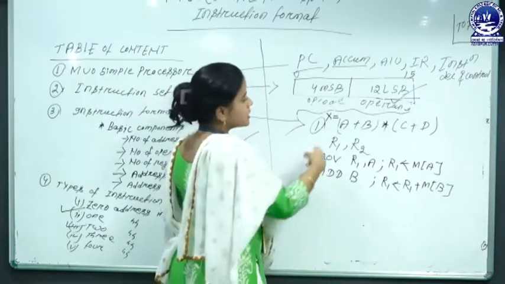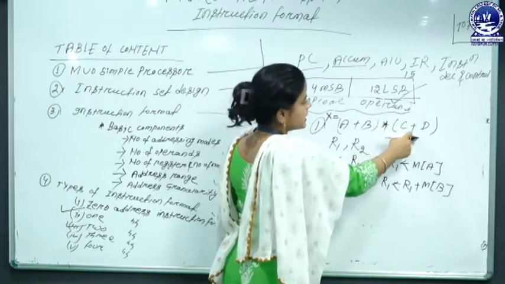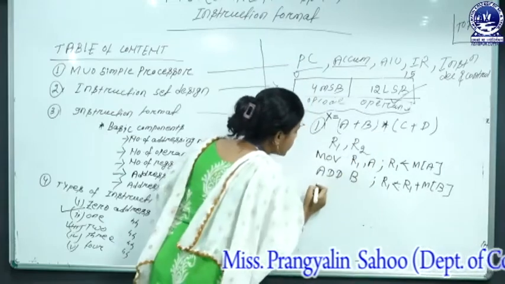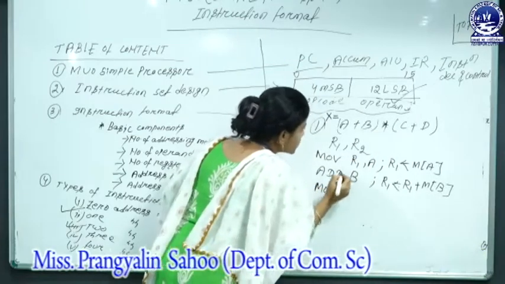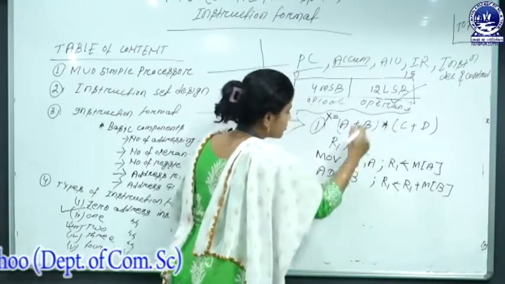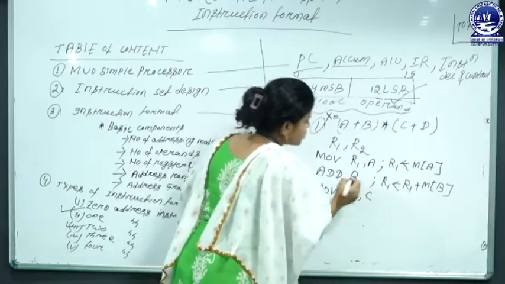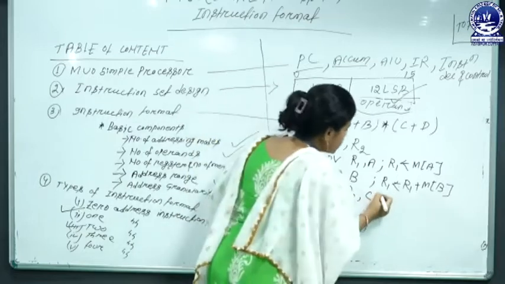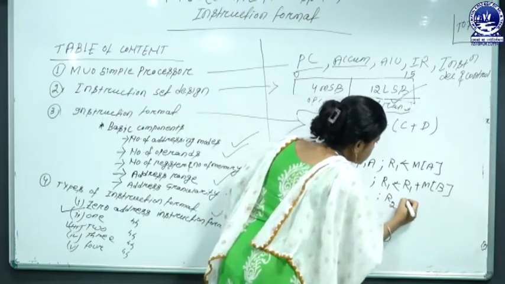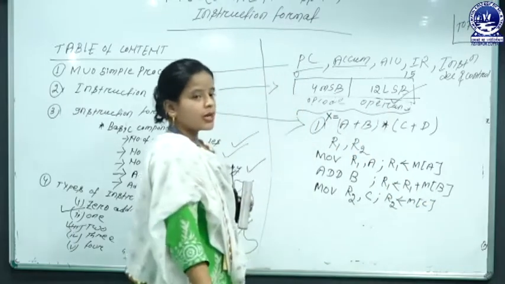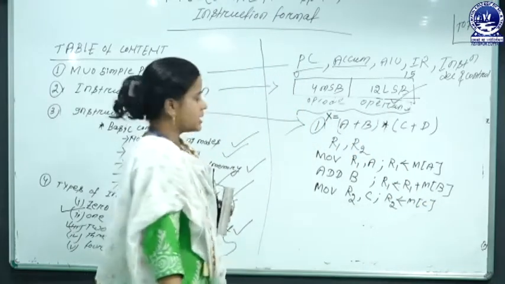Okay, now goes to the second case. In this case, first you have to bring in the operand. That means again you have to use the move command. And the second operand is stored in register R2. So here R2 equal to M of C, that means the memory location of the C operand value is stored in the register.